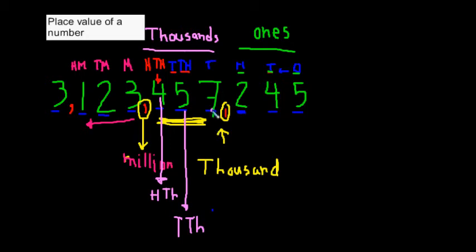So 7 is not 7 ones, it's 7,000, because with 7 we start 1,000, the H. Here I made a mistake, so I wrote T.